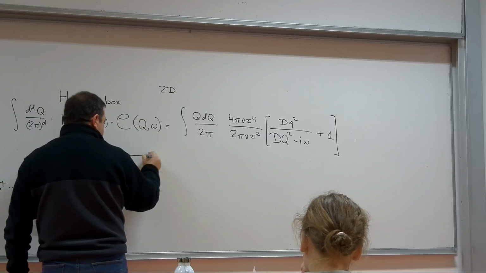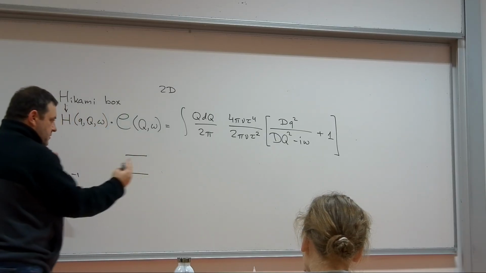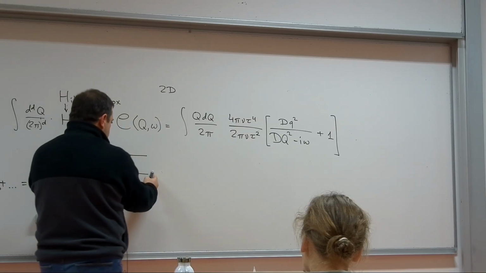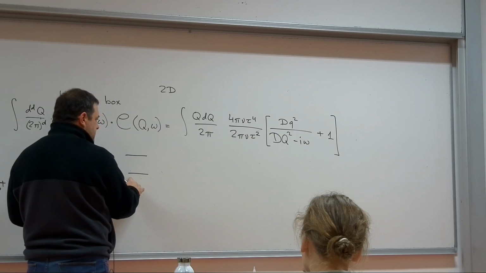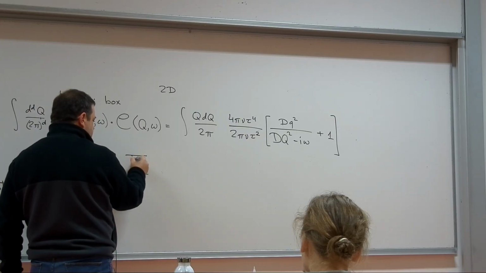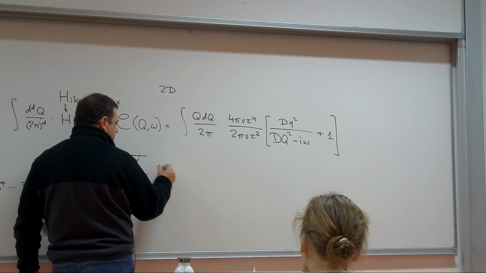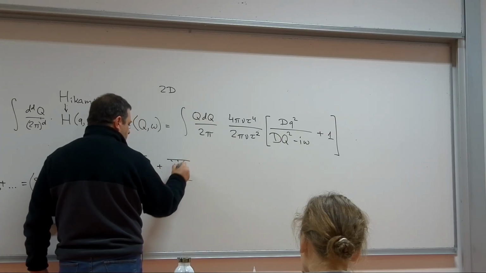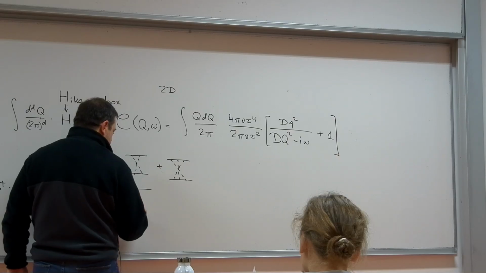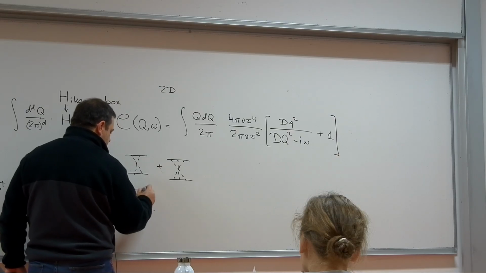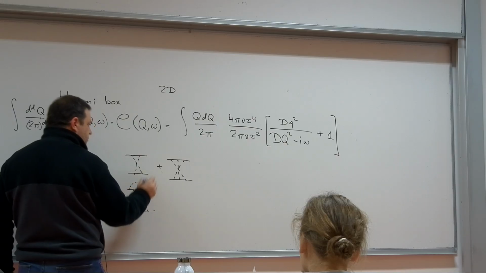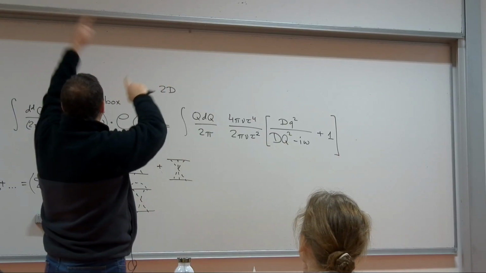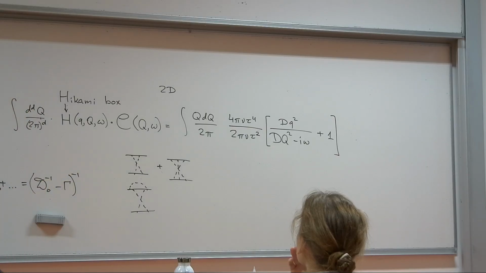It's a piece of the ladder which starts with 4 Green functions and then contains either one crossing or 2 crossings, or it can also contain, say, a crossing with 1 line on top, which is due to this diagram with this cancelled Hikami box.